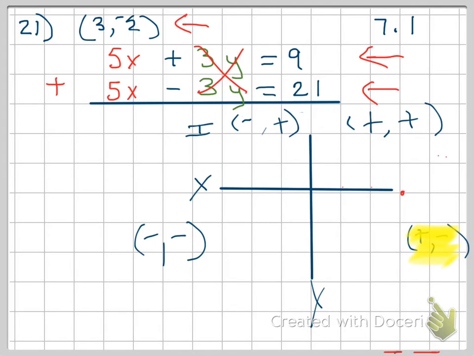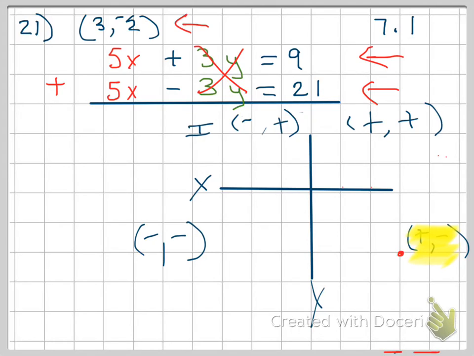Okay, we go 3, and then we go down negative 2 steps. So our point is going to be right there. Okay, so we know that those two equations up there are going to intersect at this point.